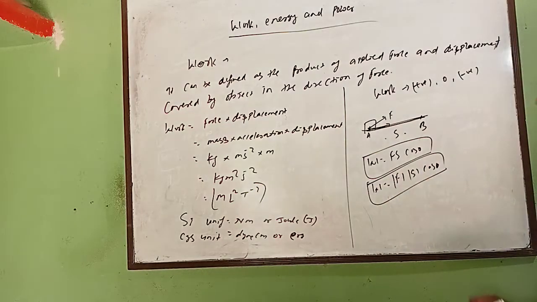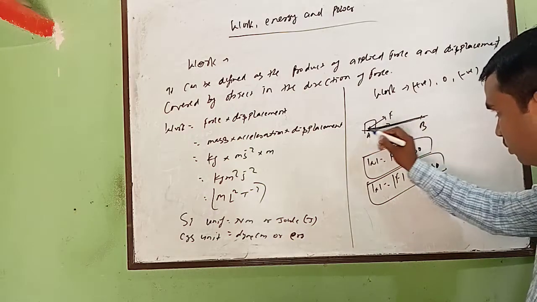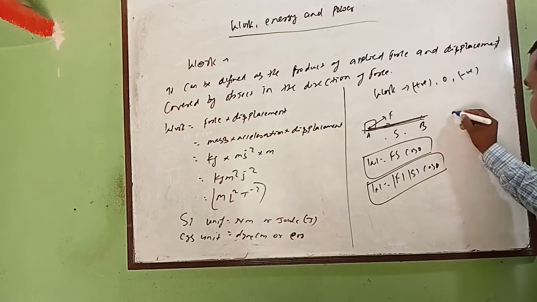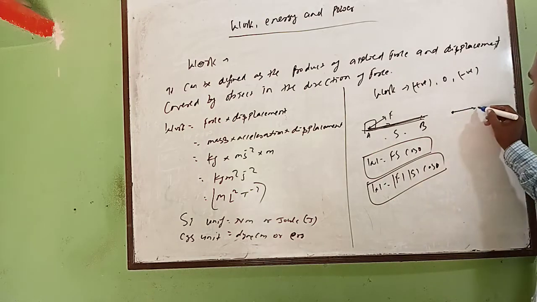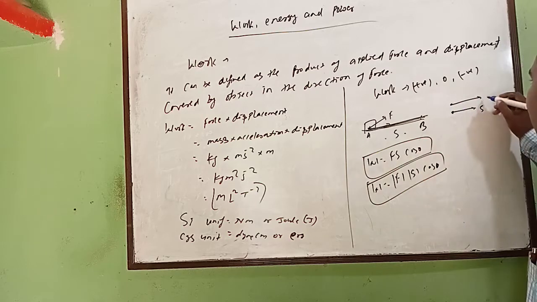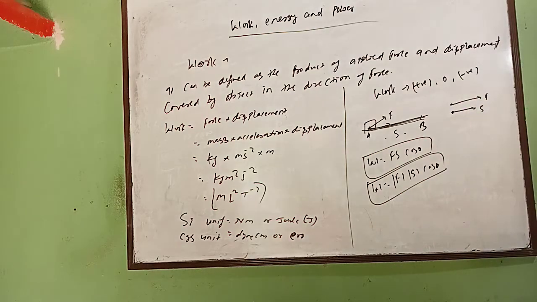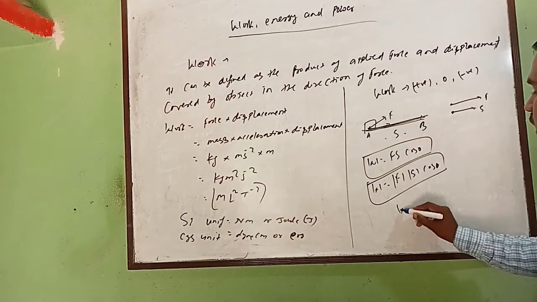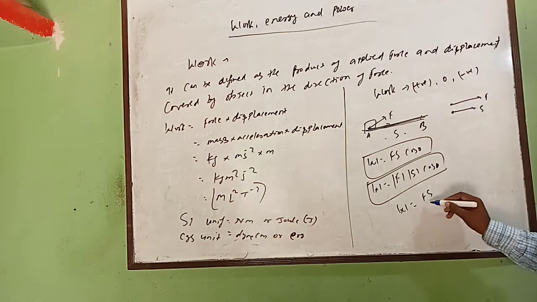And according to this formula, we can find out, suppose that the object is moving in this direction, and this is the displacement, and the object is moving in the same direction as the applied force. In that case, what will you do? Directly you will multiply W is equal to Fs.